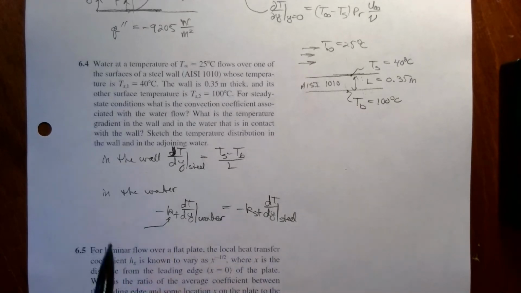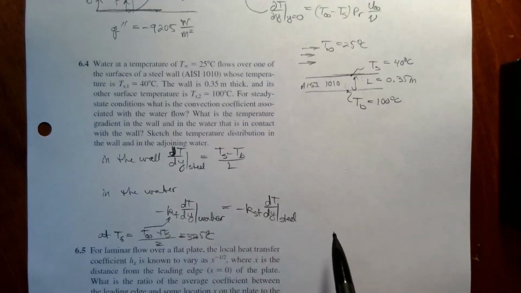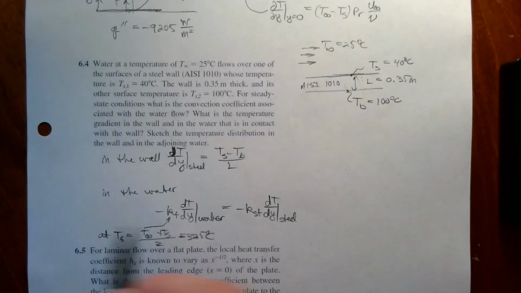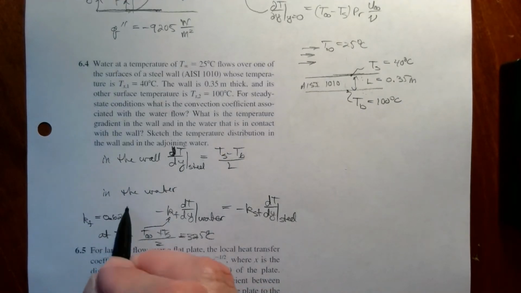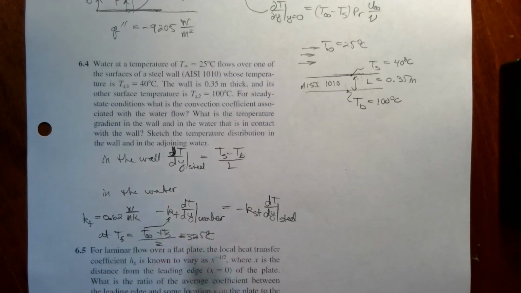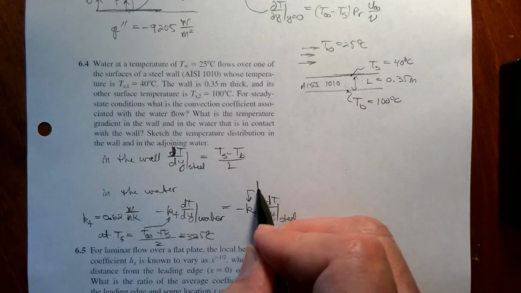That is, evaluate that at what's called the film temperature. T film is equal to the average, T ambient plus T surface over 2, is equal to 32.5 degrees C. And so K of the fluid then is equal to 0.62 watts per meter K. Over this side, look up K for steel.